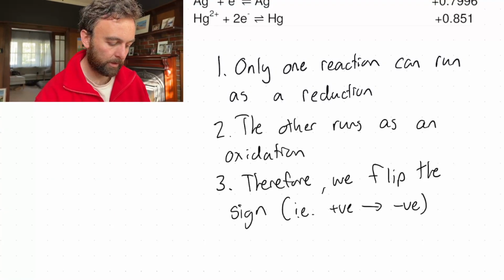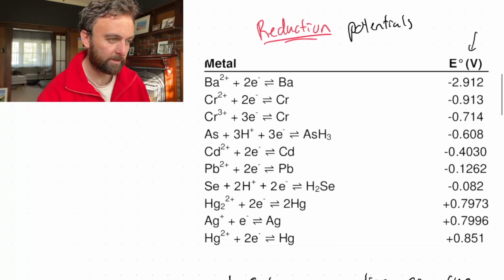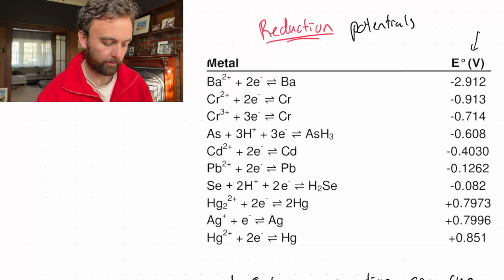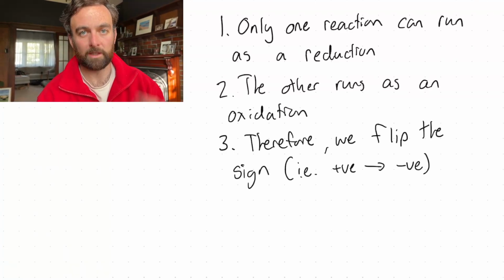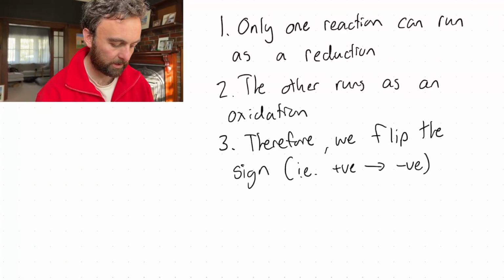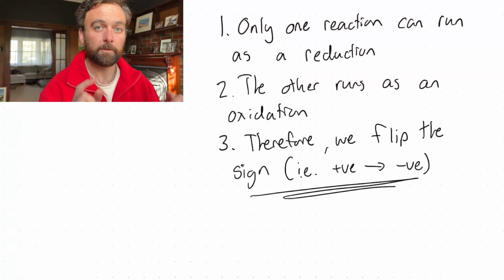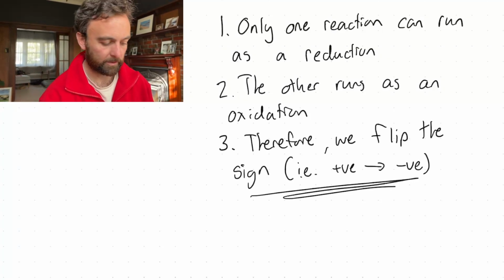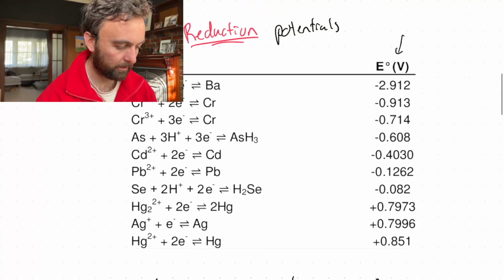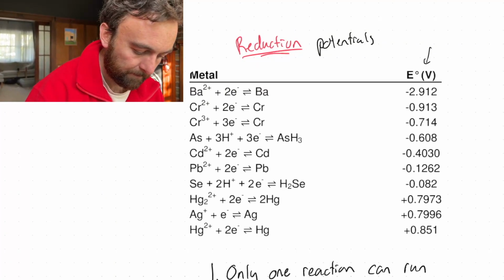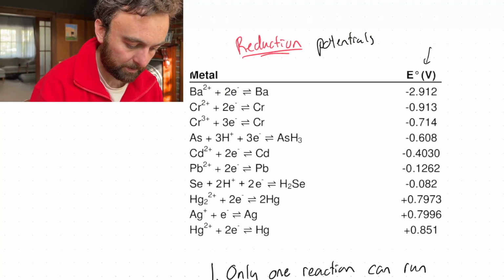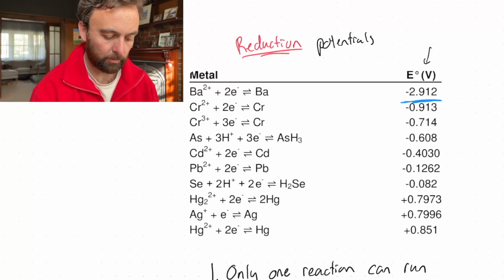And if we look at this table, remember I said these are reduction potentials. So if one's running as an oxidation, but we only have the reduction potential, we need to actually flip the sign of that number and that will give us the oxidation potential. So for example, with this first one, the reduction potential is -2.9.